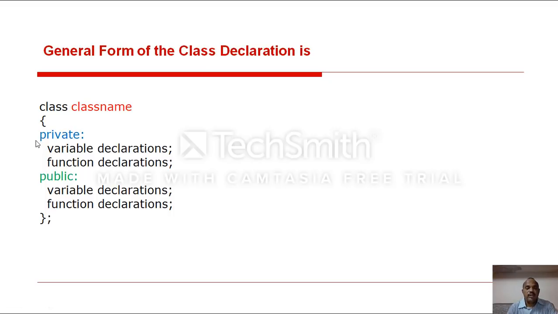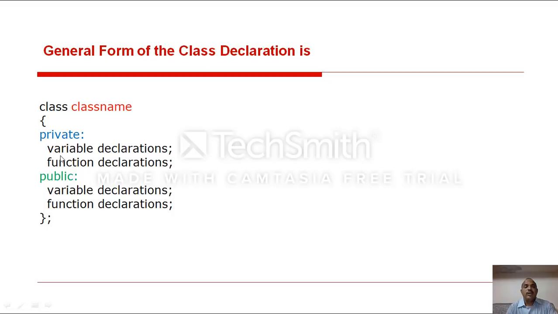So we are discussing here the class name, then private, then public: two parts. Class, then private variable declarations and function declarations, then public variable declarations and function declarations. This is the general form of the class declaration.